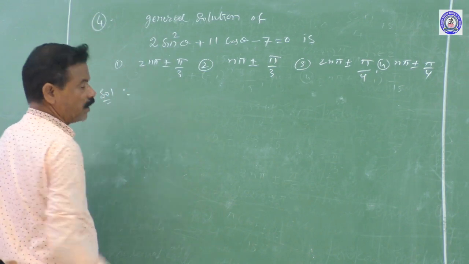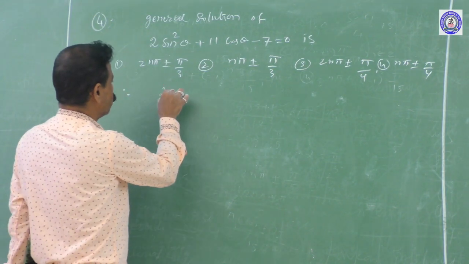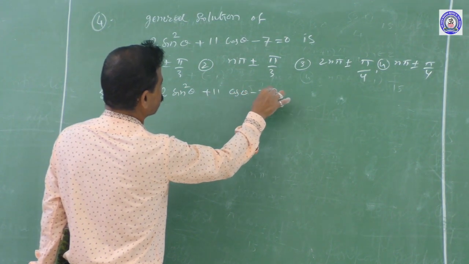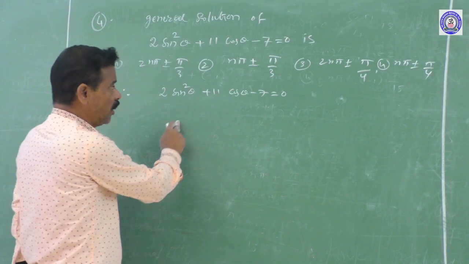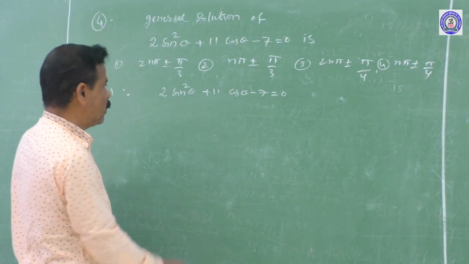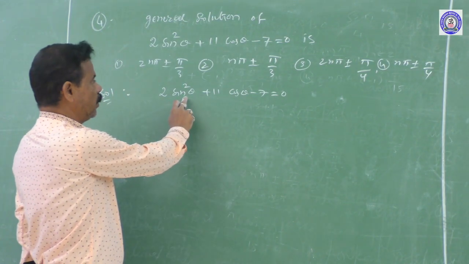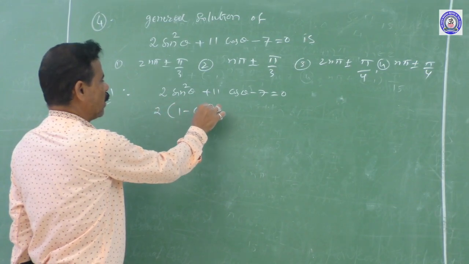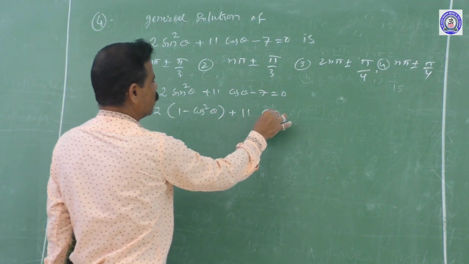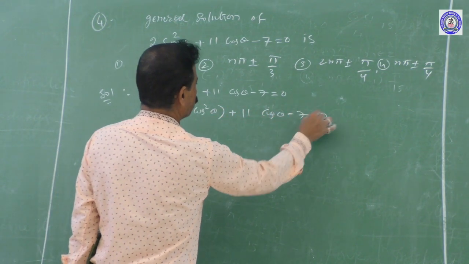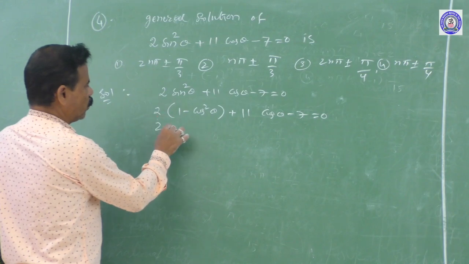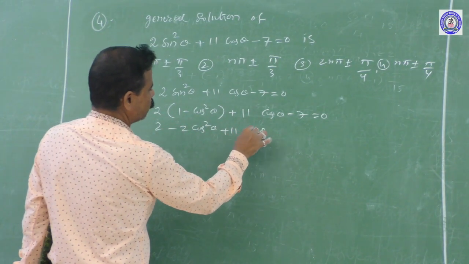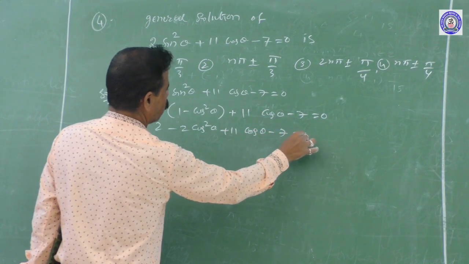Solution. The given equation is 2 sin square theta plus 11 cos theta minus 7 is equal to 0. Here sin and here cos, so it is possible to change sin square into cos square. So this is 2 into 1 minus cos square theta plus 11 cos theta minus 7 is equal to 0. 2 minus 2 cos square theta plus 11 cos theta minus 7 is equal to 0.